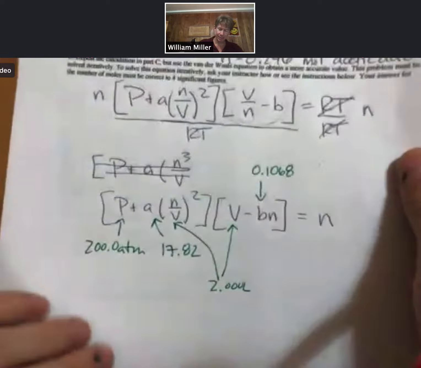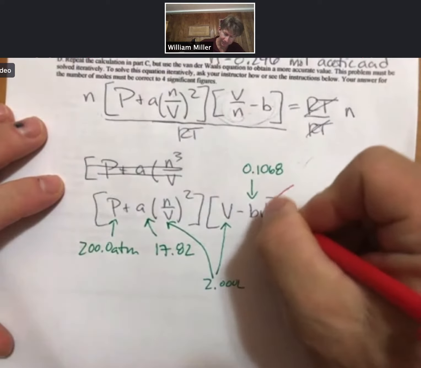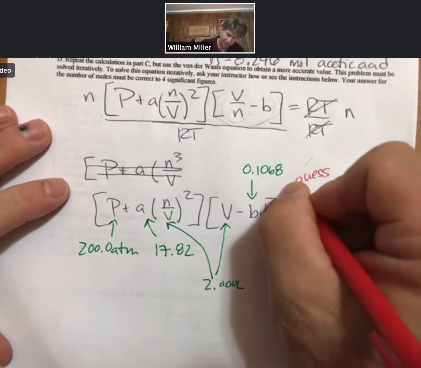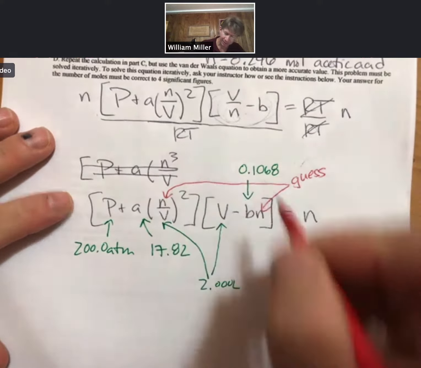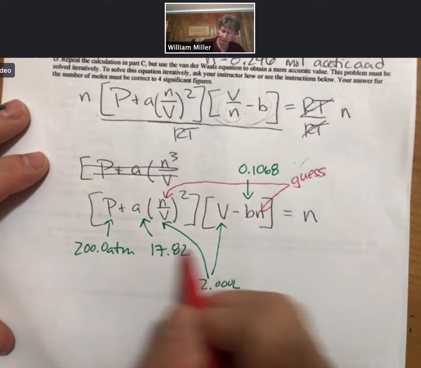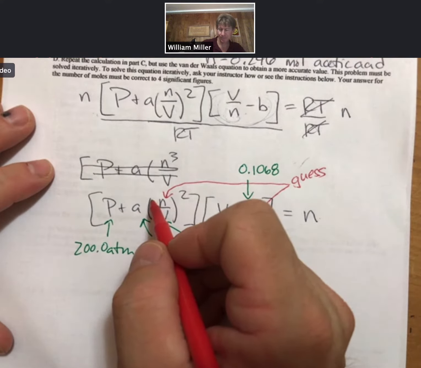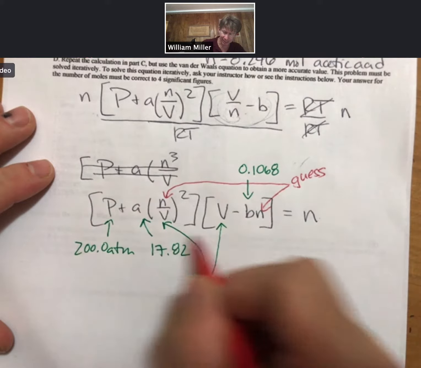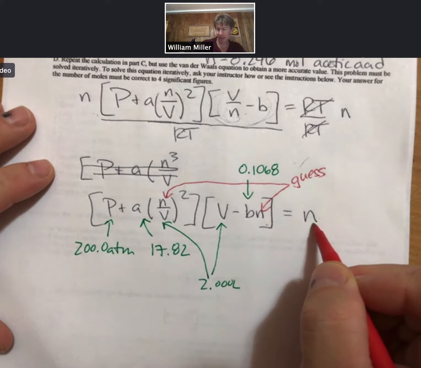Our n value is going to be our guess, and we're going to put it both places, which means we have all of the numbers on the left-hand side. Then we're going to solve this side and get a number for n.